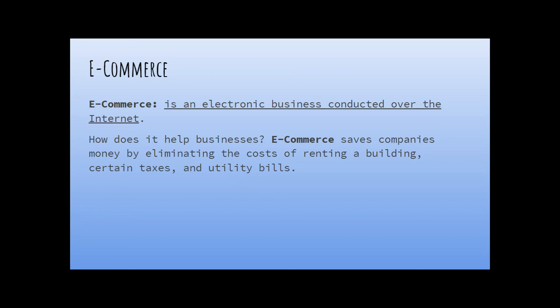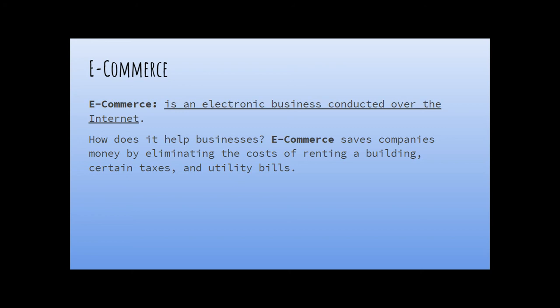So if, let's say, Amazon, it's like Walmart, and they have a bunch of stores everywhere. You go down the street, you have an Amazon store everywhere. They would have to pay rent for that building, they'd have to pay building fees. They have employees in there, employees have to take lunch. They're going to be using water, they're going to be using power, they got to use the bathroom.